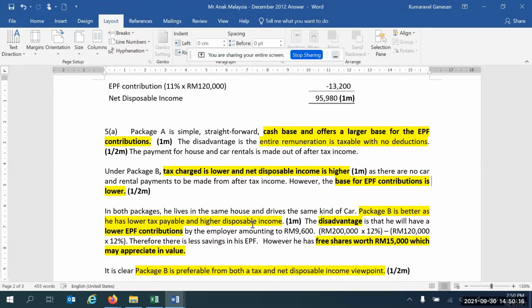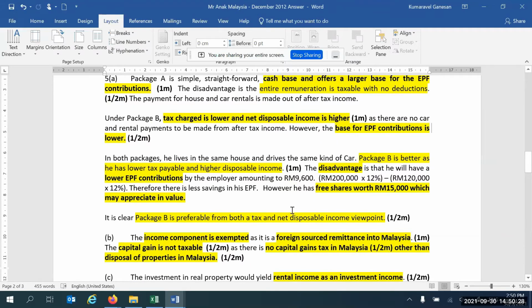Okay, so this lower EPF contributions by the employer, that's the amount 96. But free shares may appreciate in value. So at the end of the day, make a conclusion now why package B is preferable.